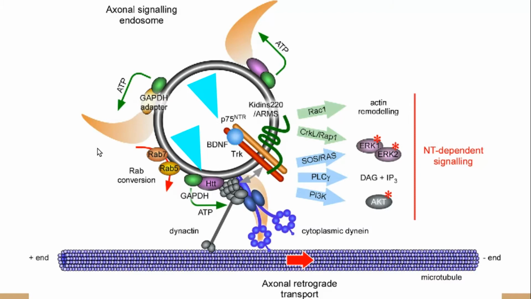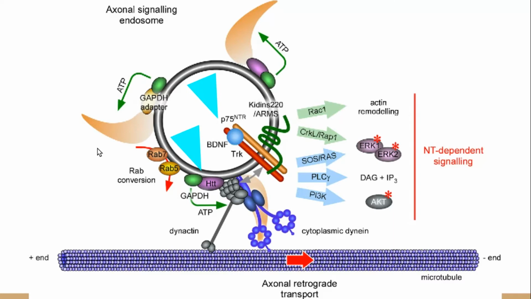So is this process important? Is this actually an important process for a neuron? Well, studies have shown that when retrograde TRKB BDNF endosome transport is blocked, perhaps by knocking out HAP1 or specifically blocking clathrin-mediated endocytosis, there's actually a massive loss in cell viability.